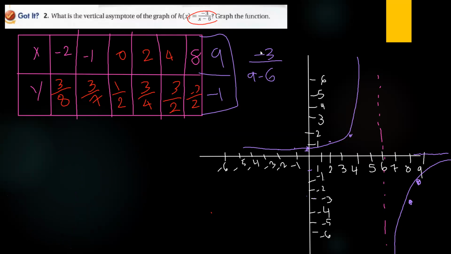So let's summarize what we said yesterday and today. Here you have to look at the function. To draw it, I need to find the asymptotes. To find the vertical asymptotes, you have to find the excluded value. To find the excluded value, we have to find the zeros of the denominator.